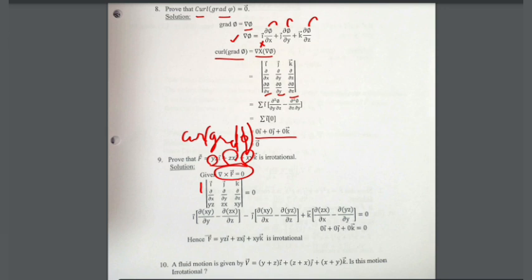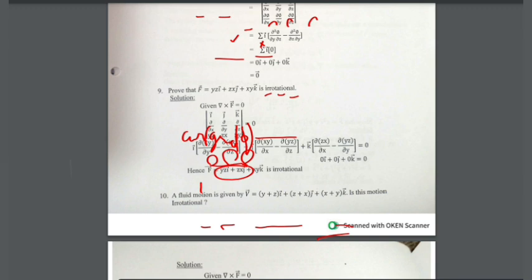If I expand all the terms, first we need to differentiate this with respect to y and differentiate this with respect to z. Similarly all the terms cancel each other. I get 0 i vector plus 0 j vector plus 0 k vector which is equal to 0.